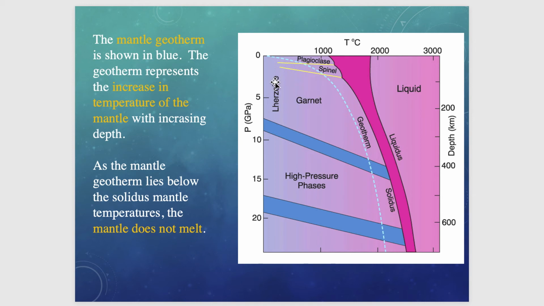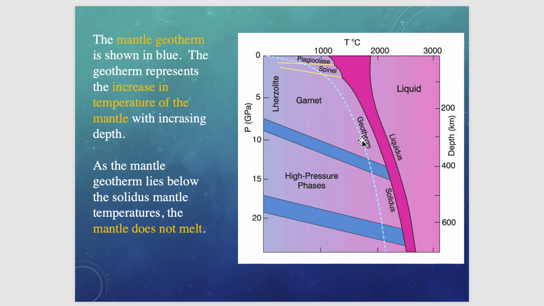If we look at the lherzolite composition and also the other rocks, so the wehrlites and so on, we have that we form high pressure phases and low pressure phases, for example. So it will be more characterized by garnet if we are on the order of 200 kilometers because we have 5 gigapascals at that depth.